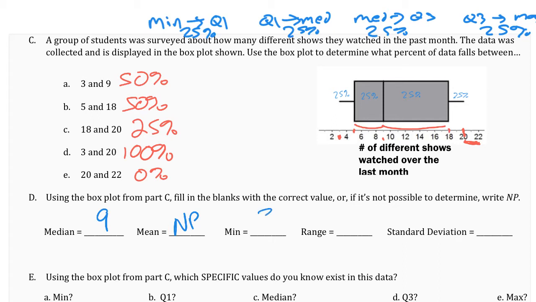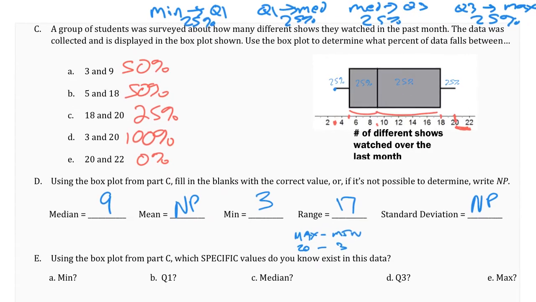It's 3 at the very end here. The range, sure, I could calculate the range because it's the max minus min. So that's 20 minus 3, which is 17. Standard deviation, no, I cannot calculate this from a box and whisker plot. Not possible. We can see that the data is spread out, but we don't know what the standard deviation is.